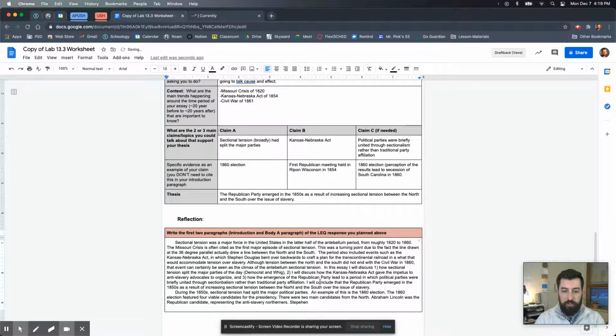Stephen Douglas was the Democratic, and I'll say the Northern Democratic candidate representing Northerners who favored popular sovereignty. Spell that right? There we go. Google's got my back. Okay.